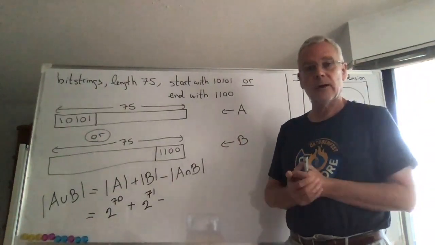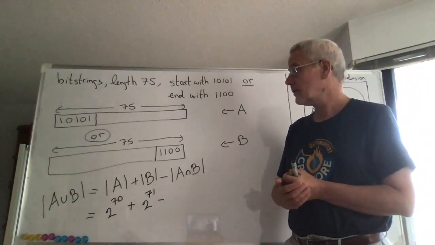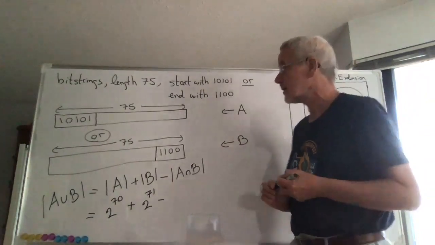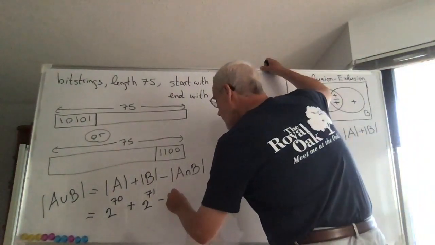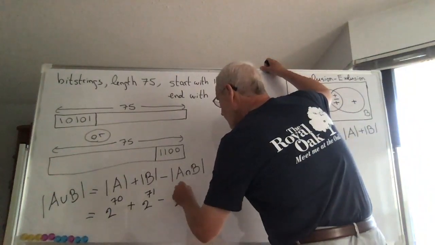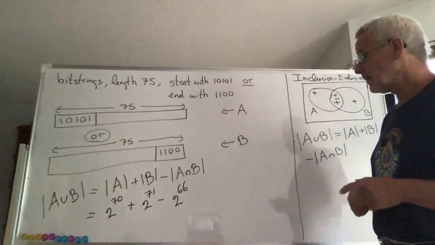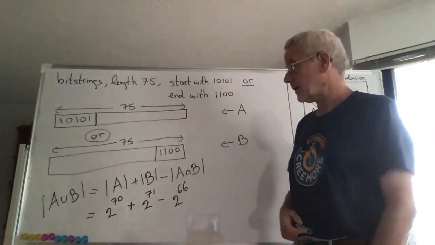That means overall 9 bits have been fixed, and we have to choose the remaining bits. How many are there? That's 75 minus 9, which is 66. So the size of A intersected B is equal to 2 to the power 66.